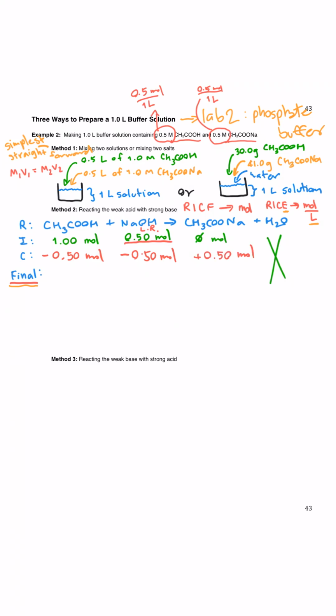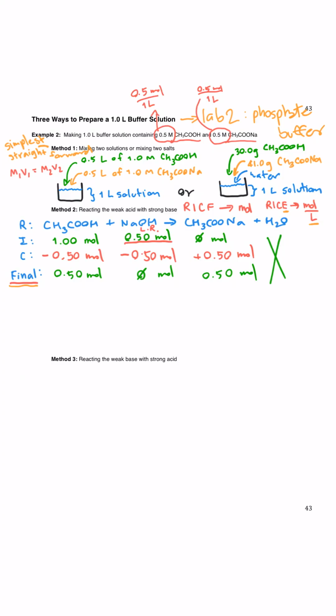At the end, what's left over is the final. In this case, the leftover species at the end would be 0.5 mole of acetic acid, 0 mole of sodium hydroxide, and 0.5 mole of sodium acetate.